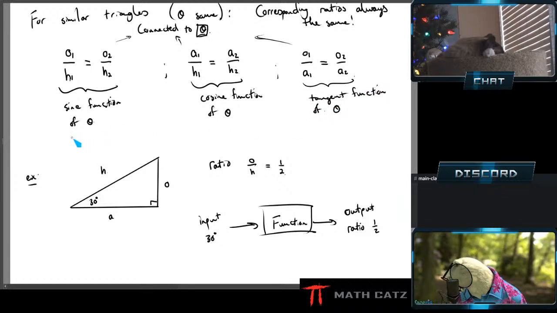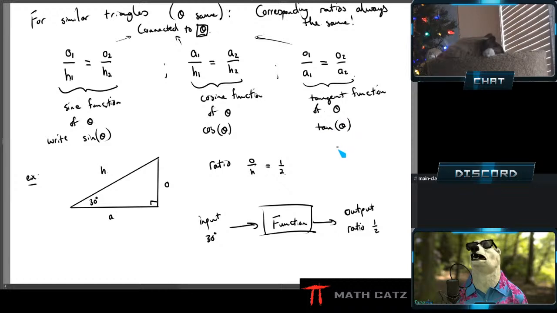So we're going to write this for short as sine, maybe in brackets. The brackets usually indicate what is the input. What should I calculate? Behind the scenes, an opposite to hypotenuse ratio. Just give me the answer. Cosine is cos of the angle, and tangent is tan, and we often just say the tan function.